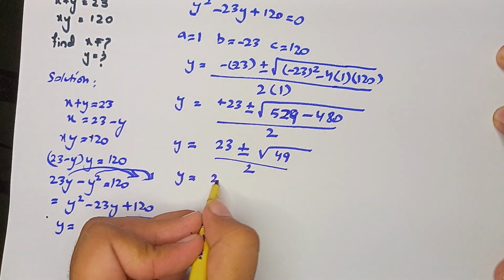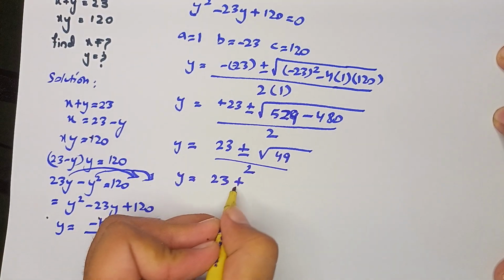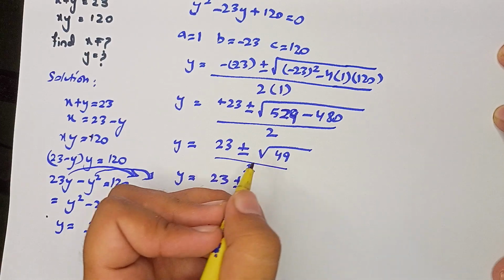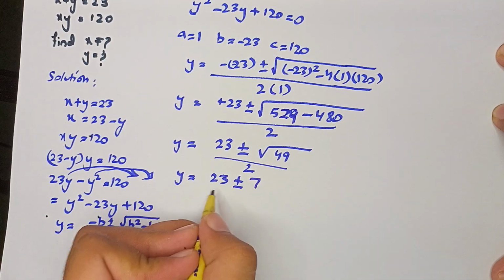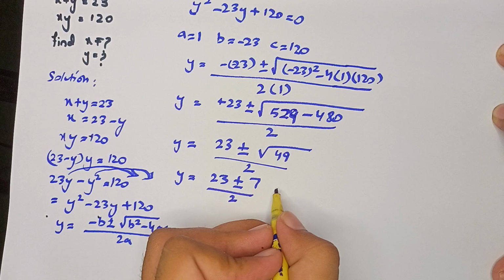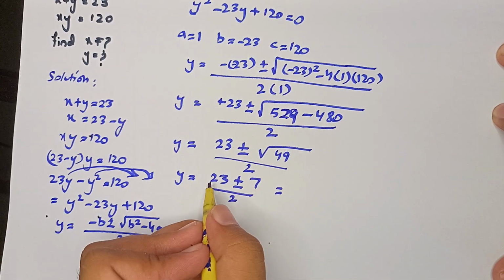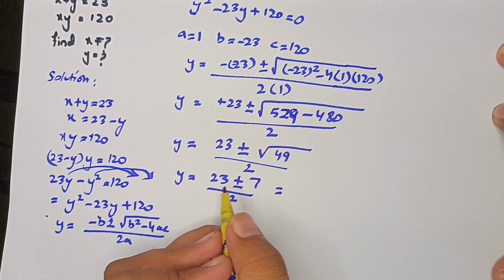Next, 23 is as it is, plus minus. We know that the square root of 49 is 7. Now what is the value when we take plus or minus?